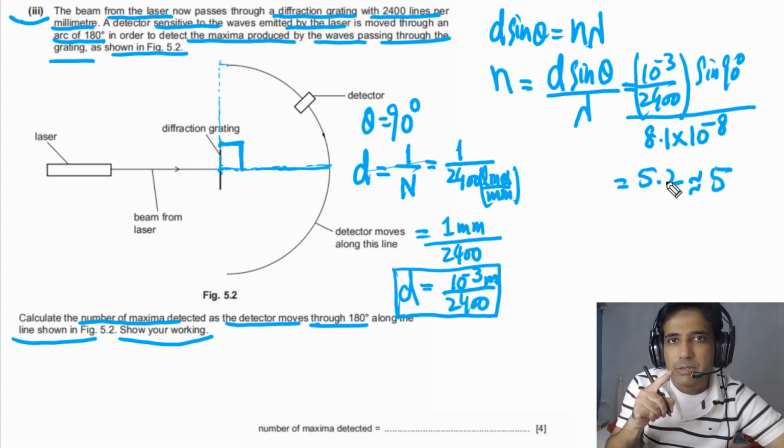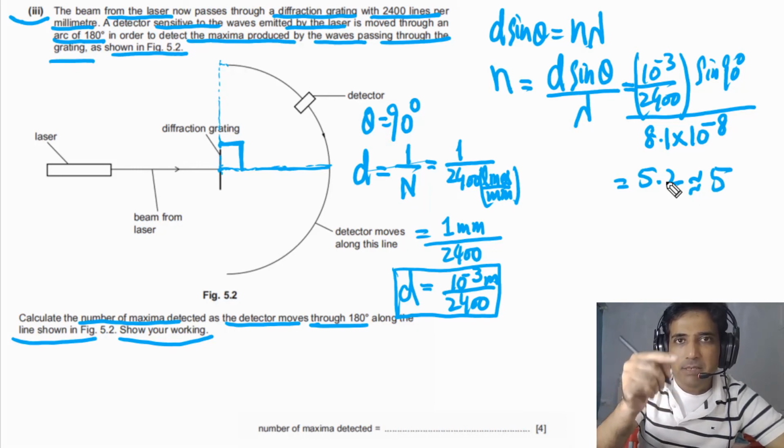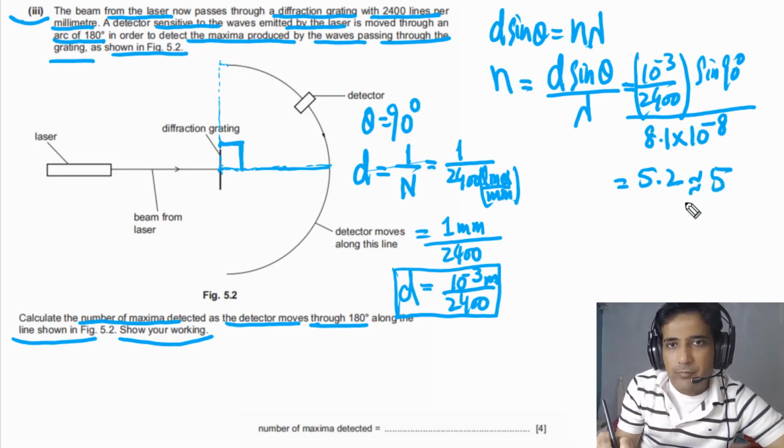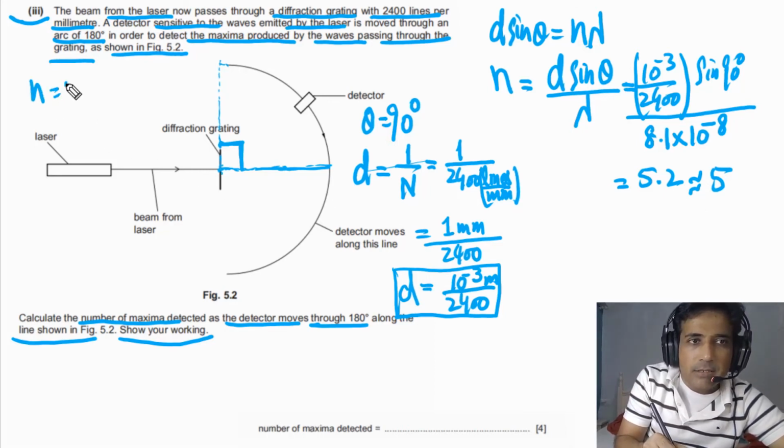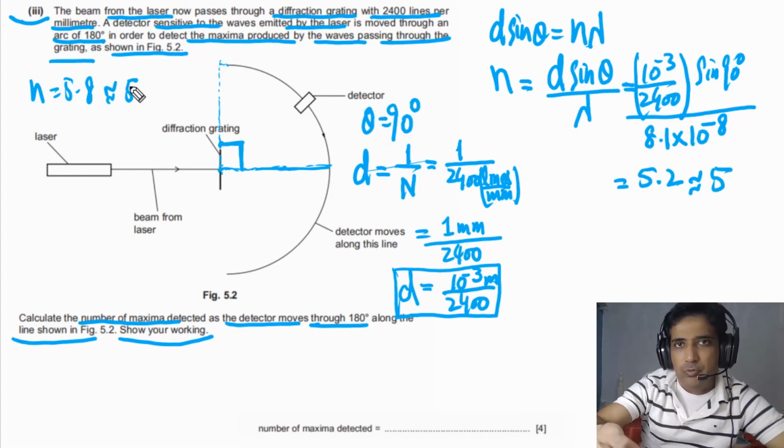You need to understand the number of fringes cannot be 5.2. The number of fringes can be 1, 2, 3, 4, 5, 6, 7, 8, but it has to be an integer. It cannot be 5.2, so it has to be 5. Let me give you one example. Let's say we got n equal to 5.8. Again, you have to consider 5, so you have to round down.